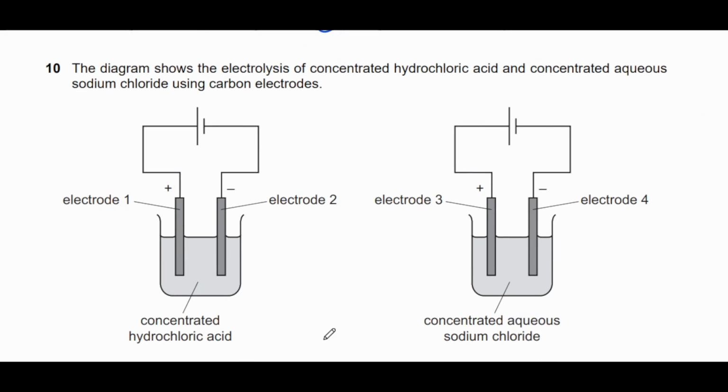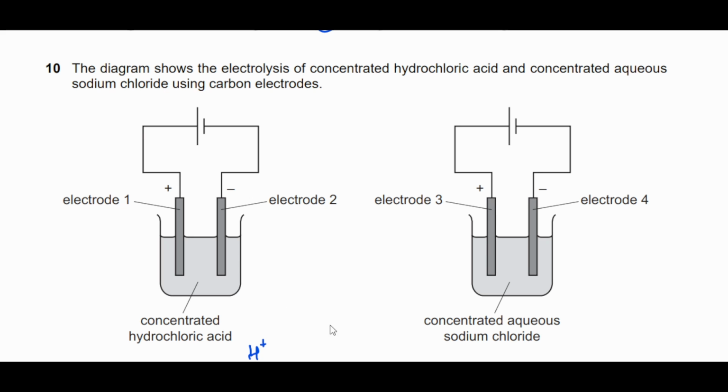The diagram shows the electrolysis of concentrated hydrochloric acid and concentrated aqueous sodium chloride using carbon electrodes. At which electrodes is hydrogen produced? Okay, so firstly you need to know that hydrogen ions are positive, right?